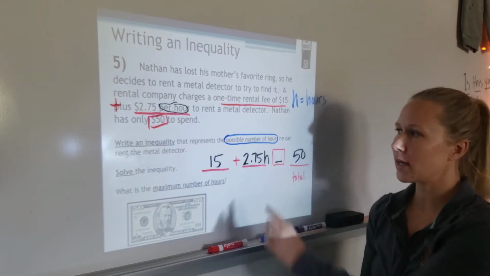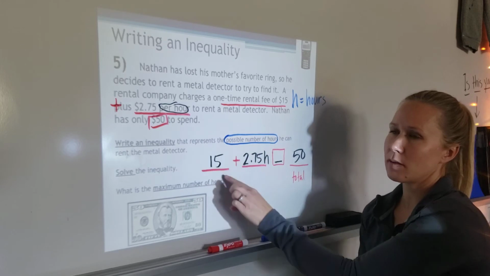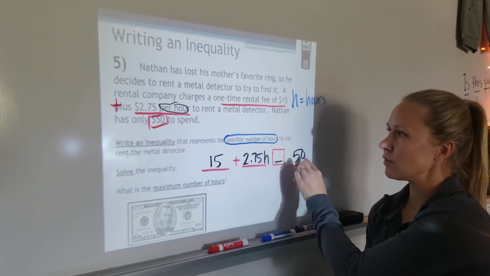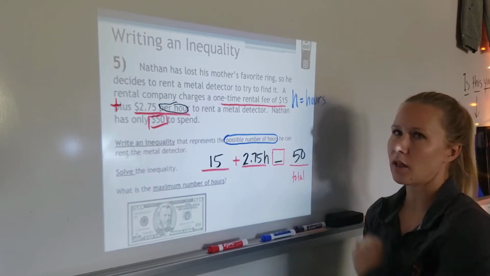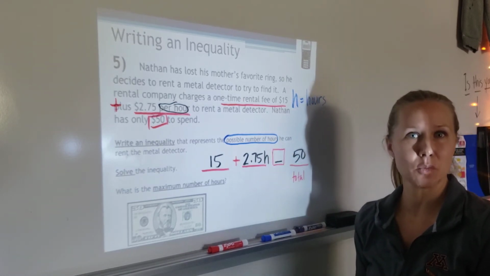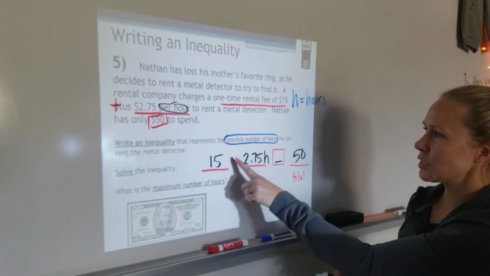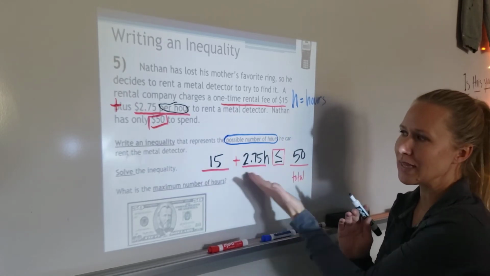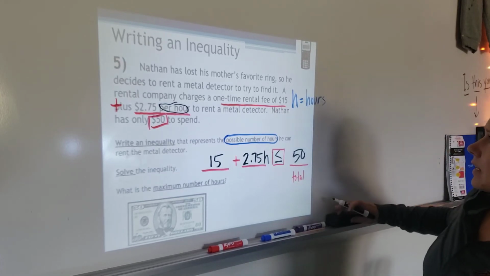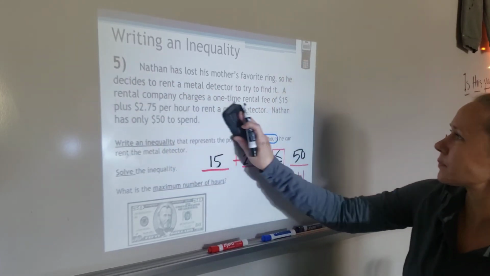Now left to right, would the amount of money that I spend on the metal detector be less than $50, or could the amount of money be greater than $50? Well, it would have to be less than, wouldn't it? So the amount of money that I spend would have to be less than or equal to $50. I always read it left to right. So now I've got an inequality to solve.